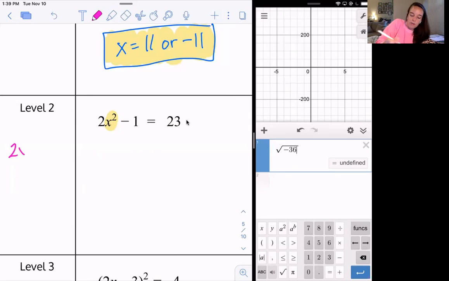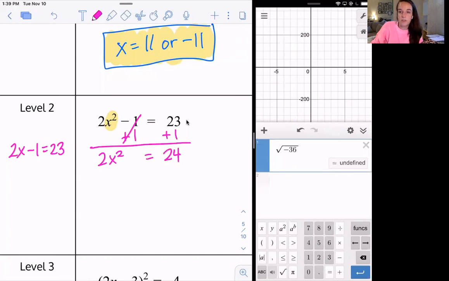Let me ask you this question. If you had 2x minus 1 equals 23, what would you do first? Yeah, we'd move the 1 over. Yeah, you're totally right, Emiliano. So in this situation, we're going to do the exact same thing. We're going to add the 1 on both sides to get rid of it. So we have 2x squared equals 24, for sure.